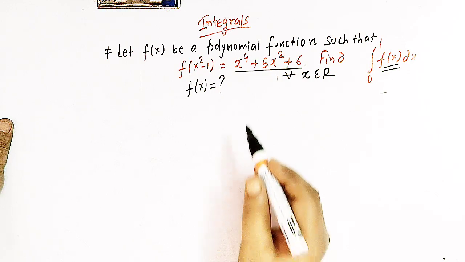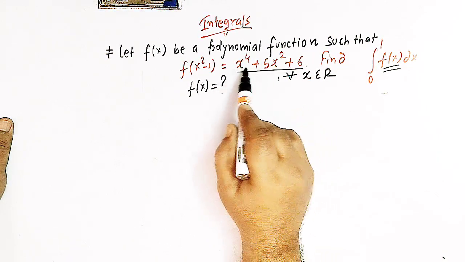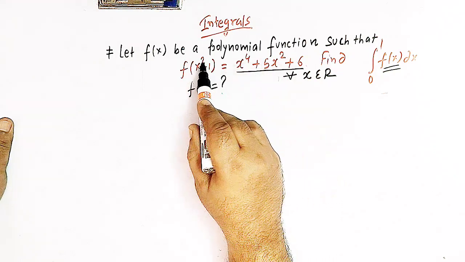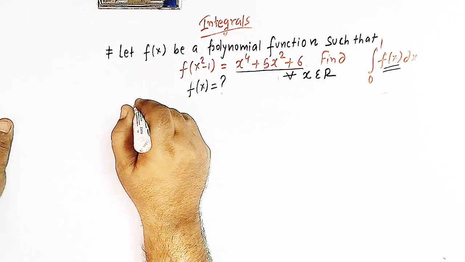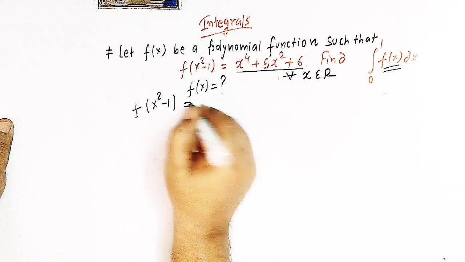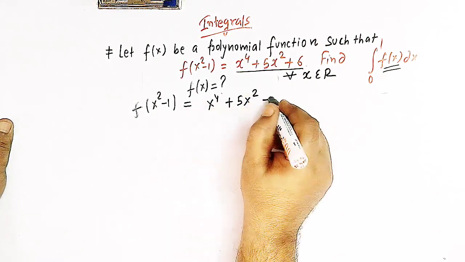So here what we can do, let us try to write this expression in terms of x square minus 1, right? See, we have f of x square minus 1 is equal to x raised to 4 plus 5x square plus 6.